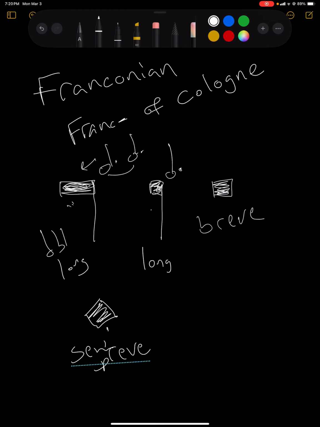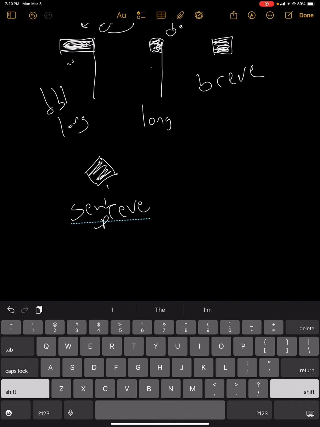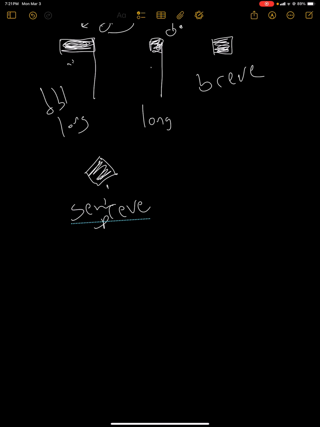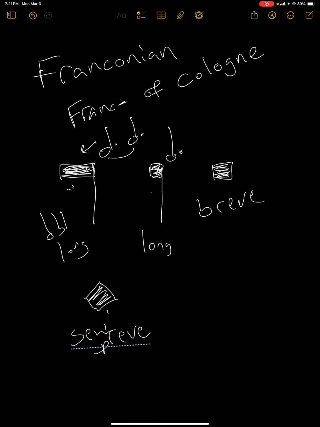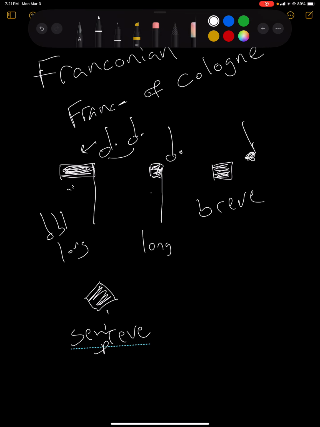Brevs were like quarter notes. And semibrevs were like eighth notes, and they usually appeared in groups of three, like triplets. So now music can get even more complicated.